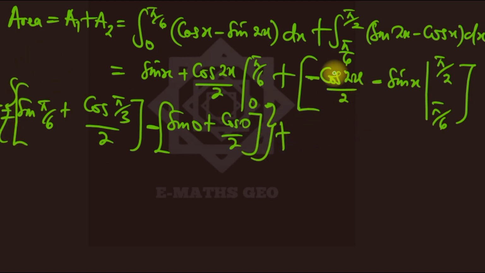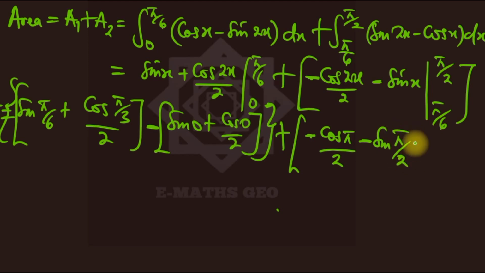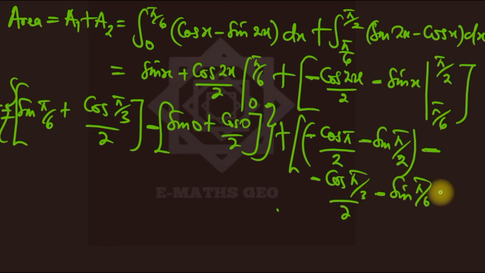So plus, for this, we substitute: minus cos pi over 2, minus sine pi over 2, minus, substitute the lower, which is minus cos pi over 3 over 2 minus sine pi over 6.